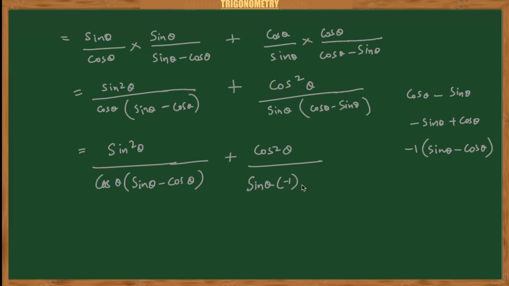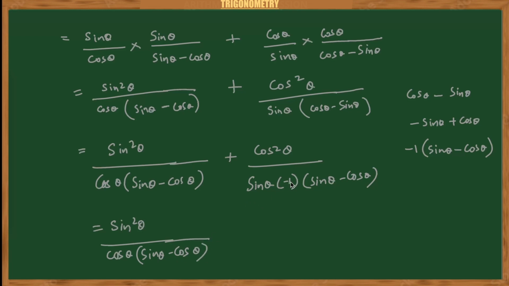Into sin theta minus cos theta. This is multiplication, so the sign changes. Let's bring it here: minus sign will come here, sin square theta divided by cos theta into sin theta minus cos theta.